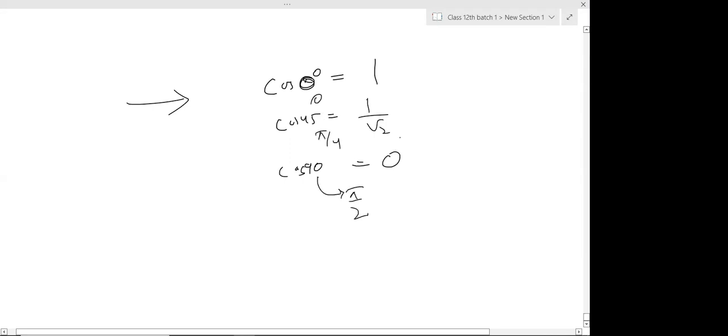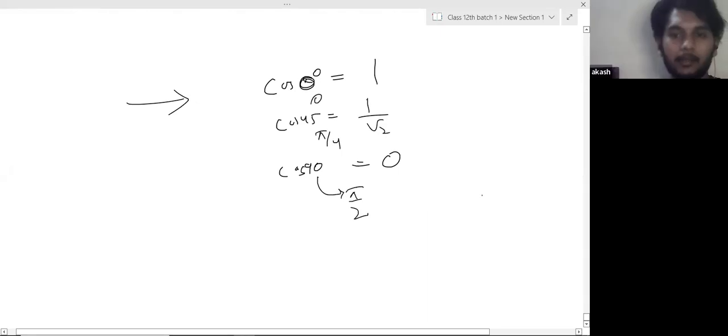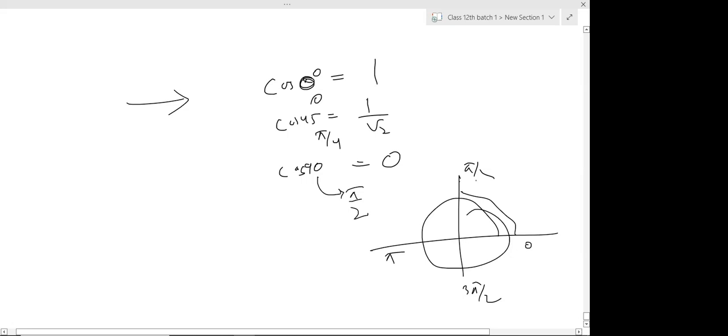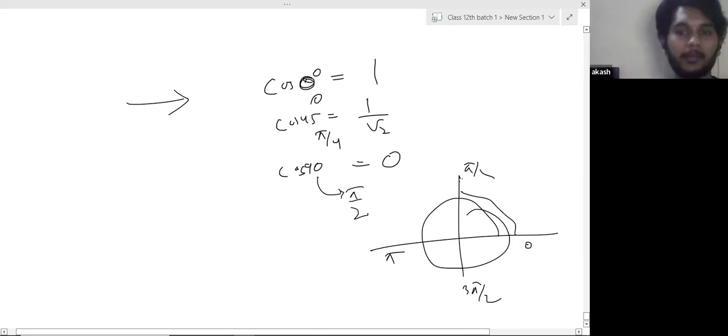Now, if you remember a little bit, in trigonometry in class 11, we did this circle thing, right? You move from here, this is pi by 2, this is pi, this is 3 pi by 2, and so on. Remember this, cos becomes 0 on vertical lines. All right, on the y-axis, whenever you reach the y-axis, cos will become 0. So this is pi by 2.